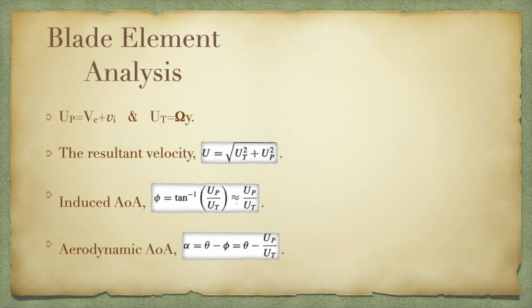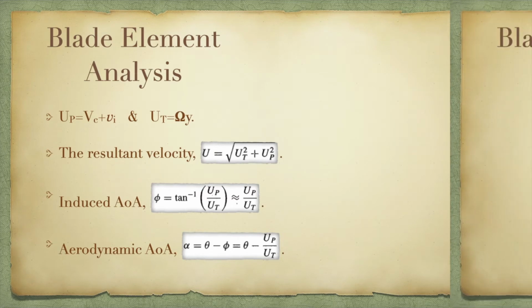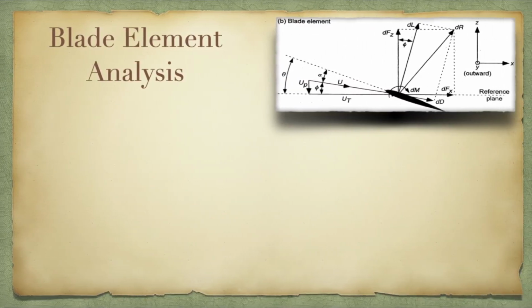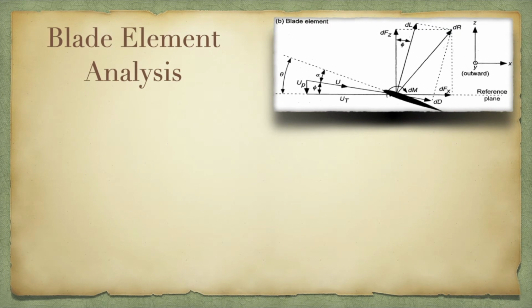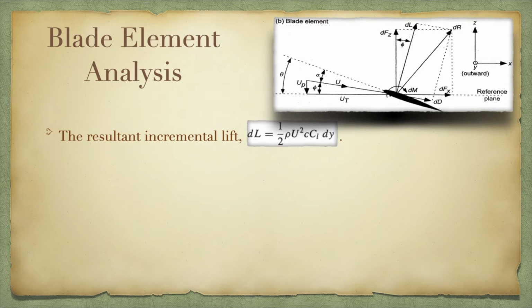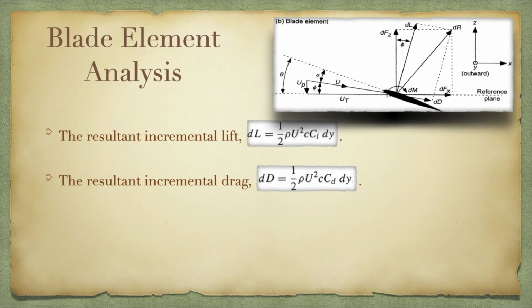The resultant incremental lift dL is equal to 1 by 2 rho U square c Cl dy, and the resultant incremental drag per unit span on this blade element is dD equal to 1 by 2 rho U square Cd dy, where Cl and Cd are the lift and drag coefficients.